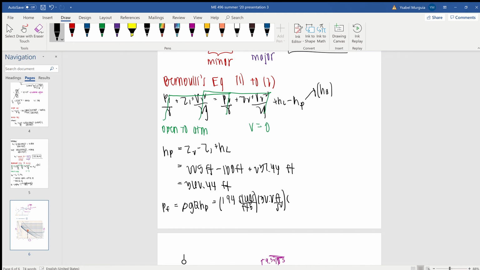Q is given in foot cubed per minute, so I just went ahead and converted that to foot cubed per second. So it'll be 6 foot cubed per second. And then my actual head rise due to the pump is 362.44 foot, head loss, sorry.